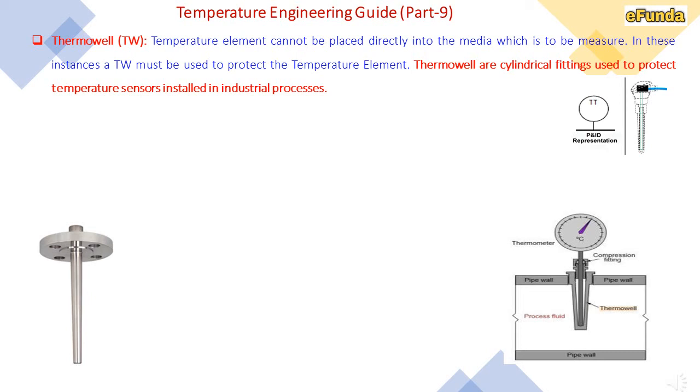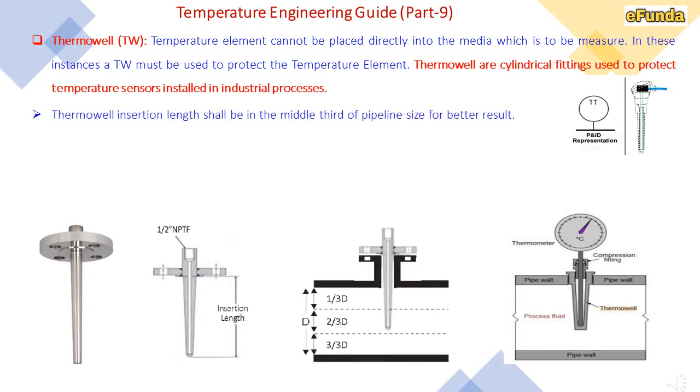While designing the temperature loop, one must understand that a Thermowell is additionally required to protect the element of those sensors, and a transmitter is also required to have the transmitted output in terms of 4 to 20 milliamps. So whenever in the PNID only TT is shown, one should always have a Thermowell and a temperature element, either RTD or thermocouple, connected to the transmitter. This is the typical PNID representation.